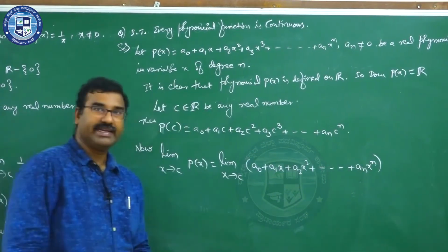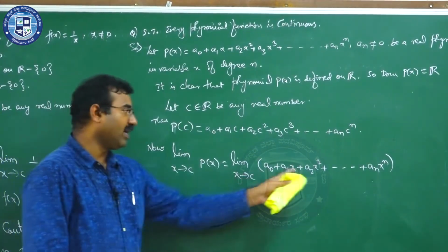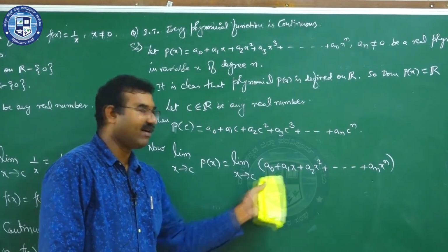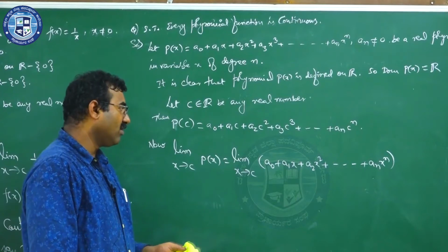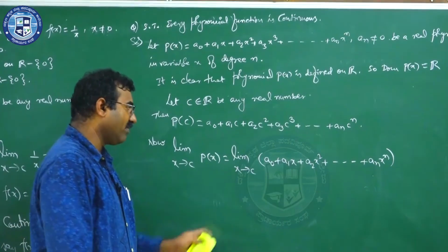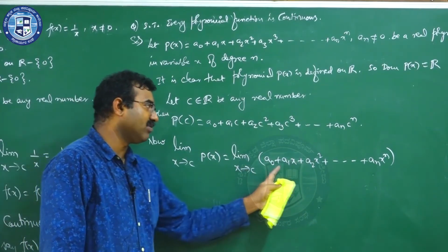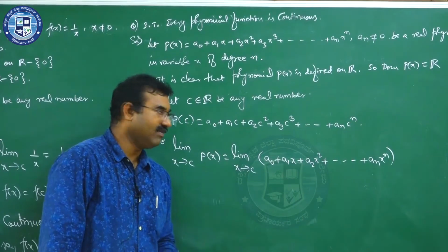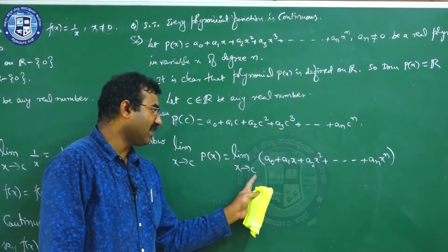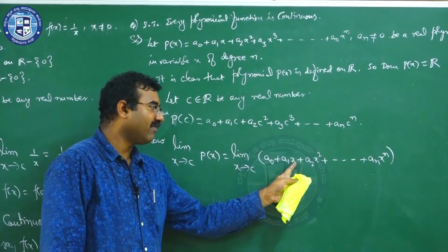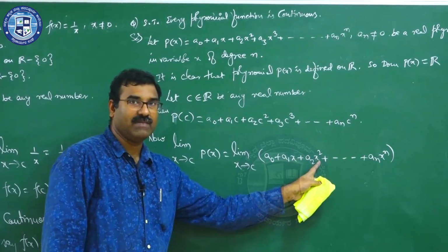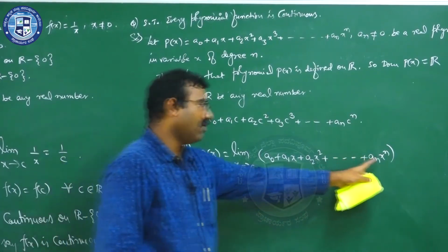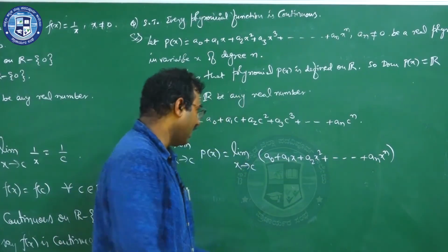We have already discussed the limit of a polynomial function in previous sessions. By algebra of limits, we can apply this limit to each and every individual term. When x is coming close to c, x value becomes c, x² comes close to c², and xⁿ comes close to cⁿ.